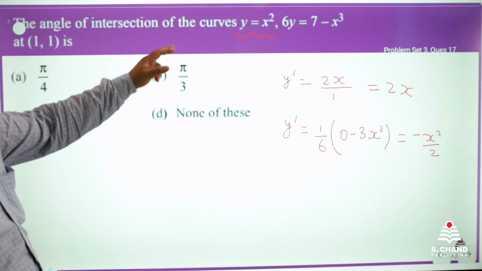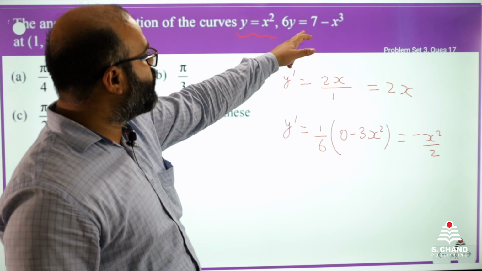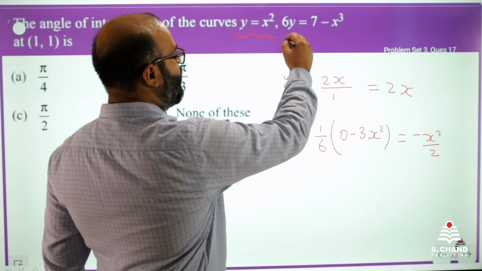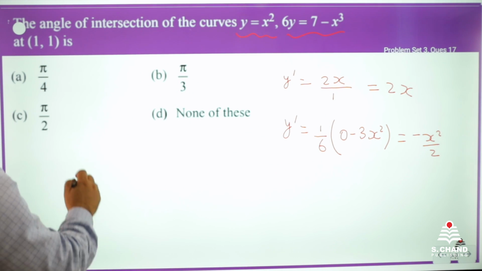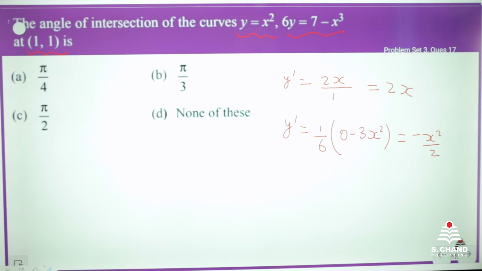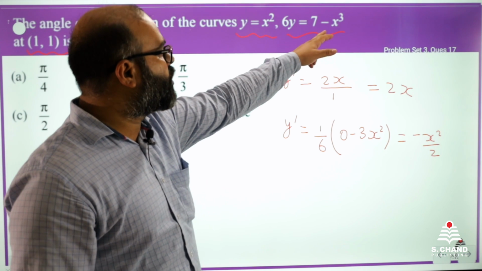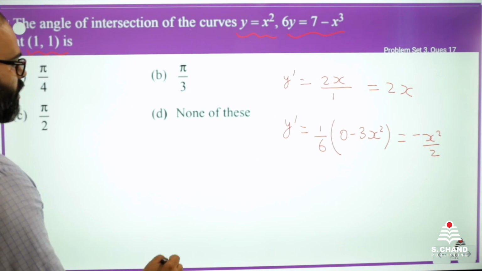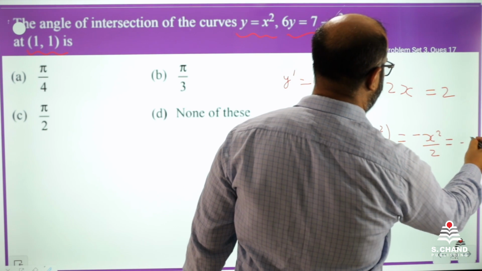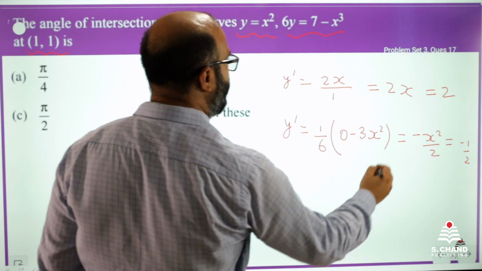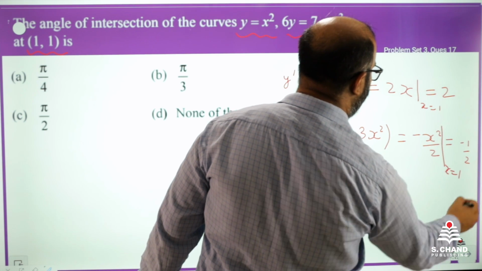Now these are the slope of the tangent to this curve and slope of the tangent to this curve. What is their point of intersection? That is also important, because you have to find the angle of intersection at the point of intersection, which is 1 comma 1, and 1 comma 1 satisfies this equation also and this equation also. So it is fine. So you can find the slope here as 2 and slope here as minus half, because you are putting x is equal to 1 here and also here.